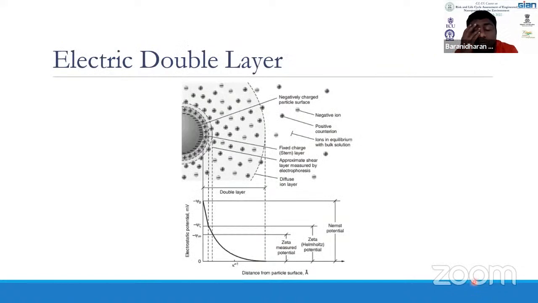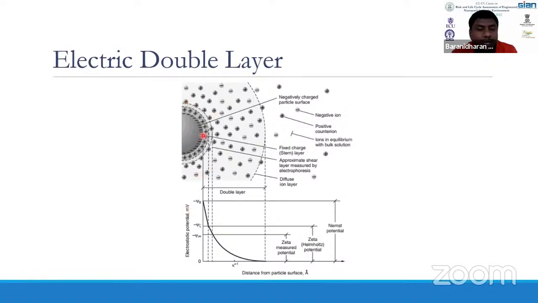When it comes to the surface charge, as I mentioned, the electrical double layer comes into the picture. You need to suppress the repulsive force. For a quick overview for the audience, once you have a negatively charged particle, automatically the ions of opposite charge will dominate near the surface, where you will have a very tightly packed layer of opposite charge.